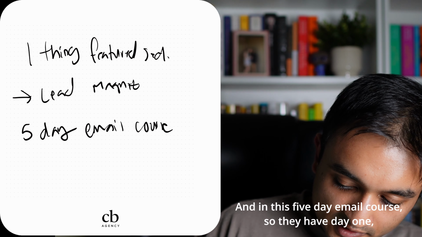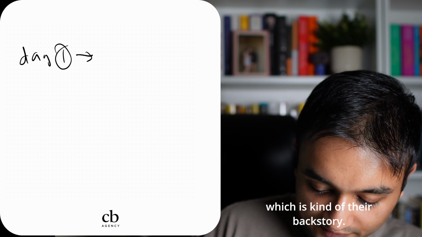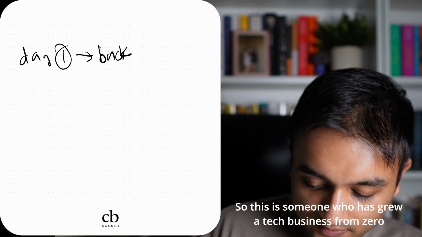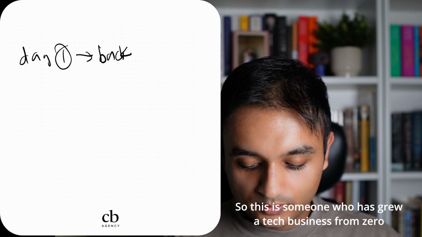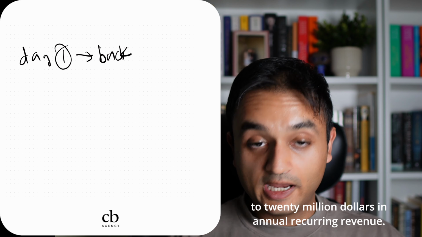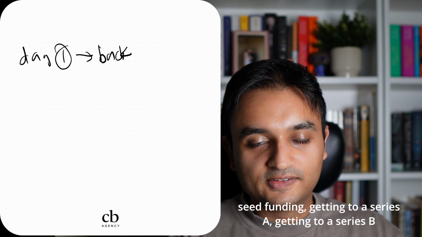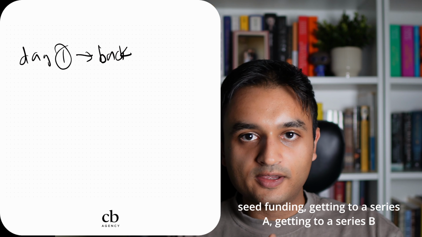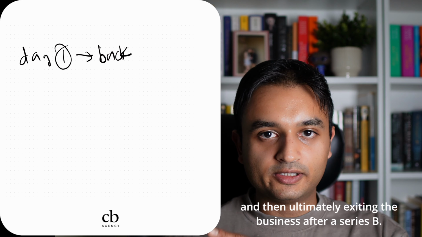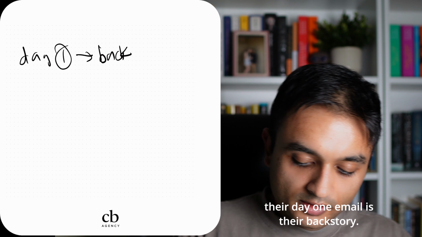In this 5-day email course, they have day 1, which is kind of their backstory. This is someone who grew a tech business from 0 to $20 million in annual recurring revenue, and so they've been through the process of getting seed funding, getting to a Series A, getting to a Series B, and then ultimately exiting the business after a Series B. They have that experience, and so their day 1 email is their backstory.